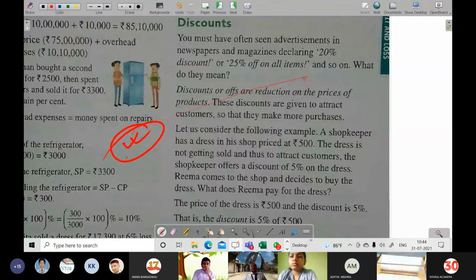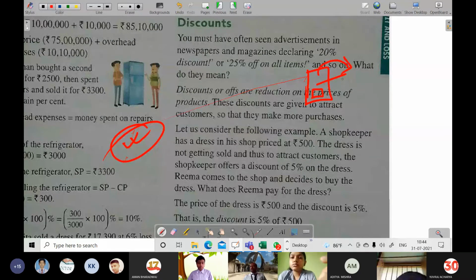Sir, due to off season or the expiry date becoming near. Yes. Generally, when the expiry date is near. Suppose a person has got some things like Horlicks. On Horlicks it is written best before 6 months or best before 1 year.